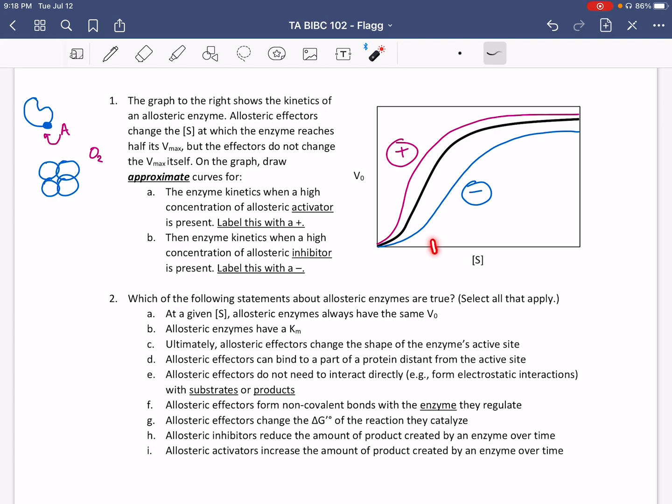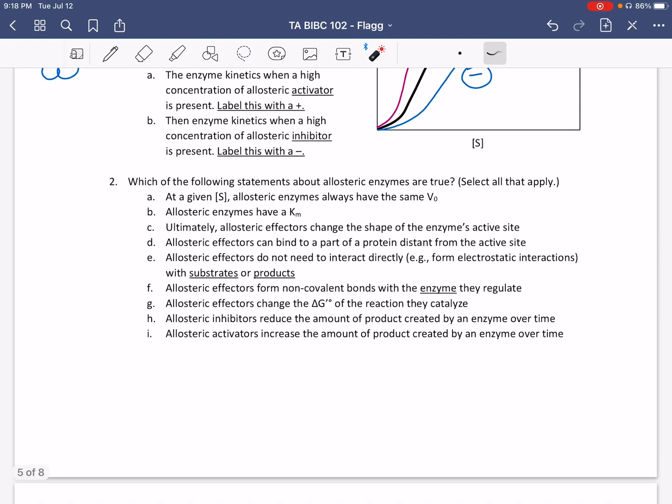If we take the concentration here, the rate is here for the inhibited enzyme, the rate is here for the control enzyme, and the rate is way up here for the activated enzyme. So A is incorrect. Allosteric enzymes have a Km. Km is a constant concentration of substrate at which half of Vmax is reached, so 1/2 Vmax.